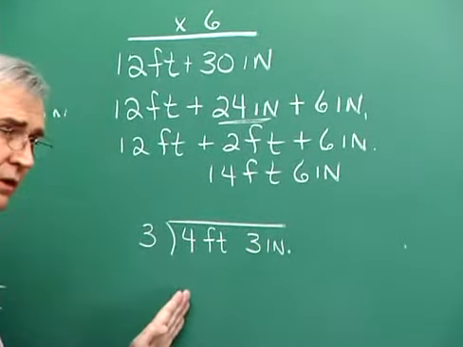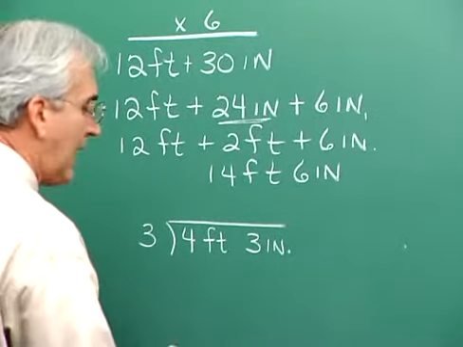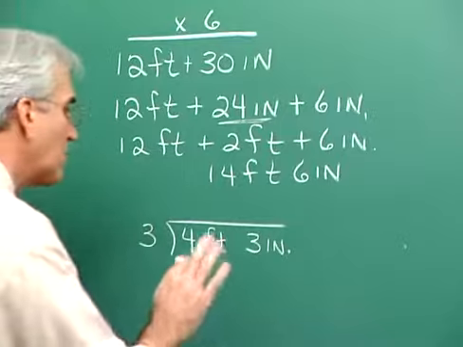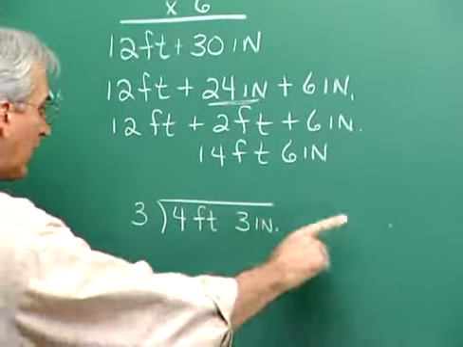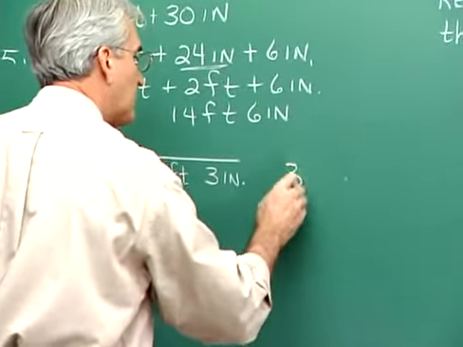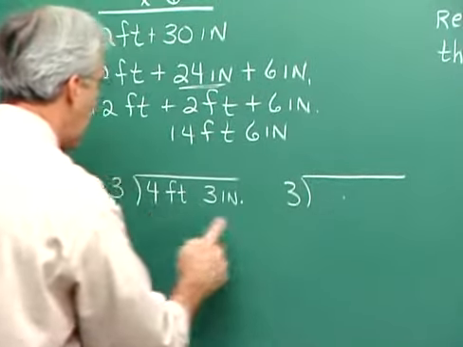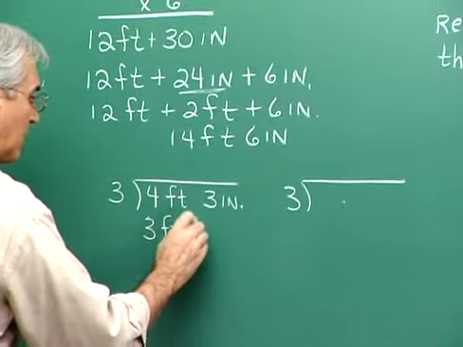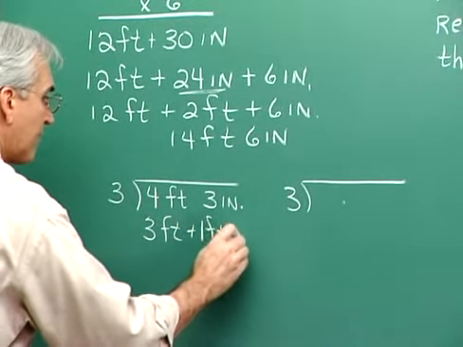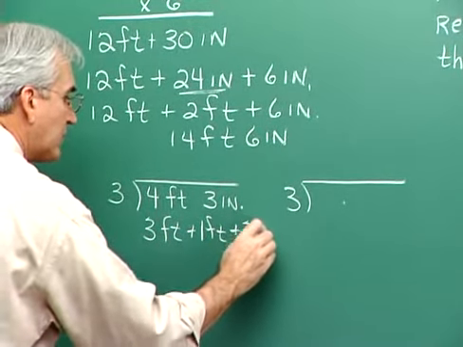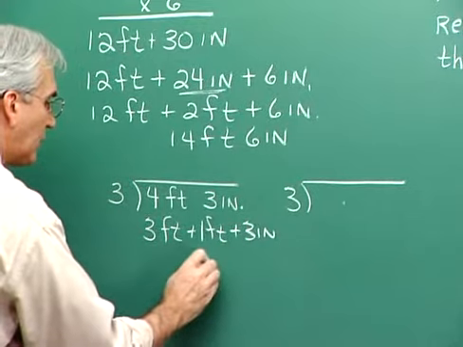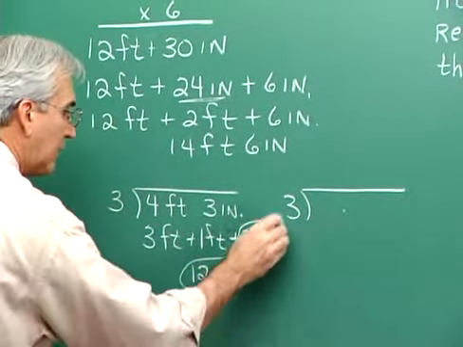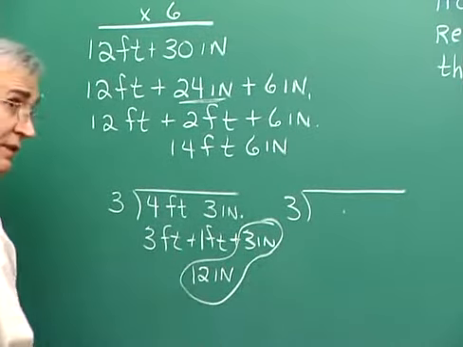Now, as I say, there are a lot of right techniques to use with this, but here's what I recommend. I recommend that we rewrite this and think of it as 3 into, now the 4 feet, we're going to think of it as 3 feet plus 1 foot, and we have this 3 inches, and the 1 foot is really 12 inches, and we collect these together, 3 inches and 12 inches, oh, that's 15 inches.